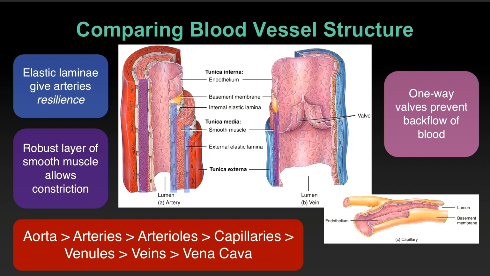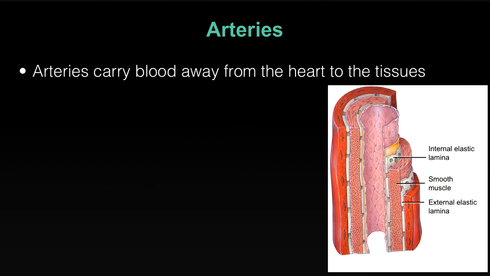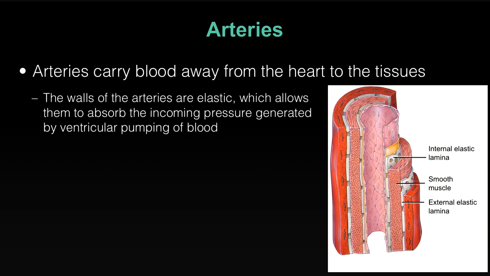This is the order in which you would encounter the vessels in the body. So arteries. I probably have given you all of this information already, but we already know arteries carry blood away. The pulmonary artery carries blood away, even though it's deoxygenated blood.